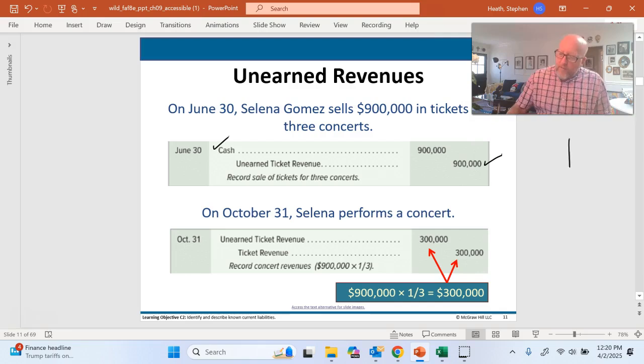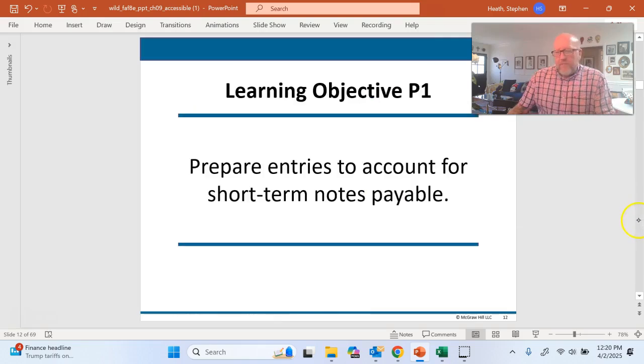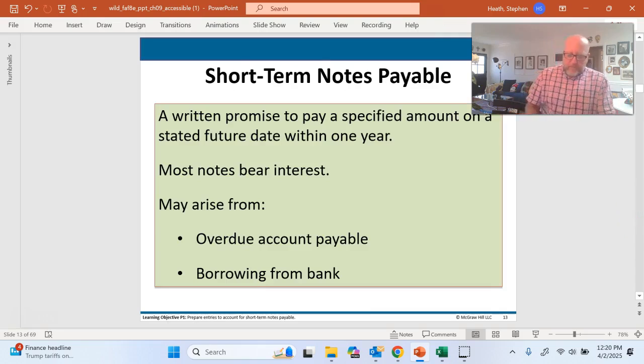So if I had from transaction one unearned revenue and I created a $900,000 credit, after October 31st I'm going to lower unearned revenue by 300. And then I would recognize the performance revenue.